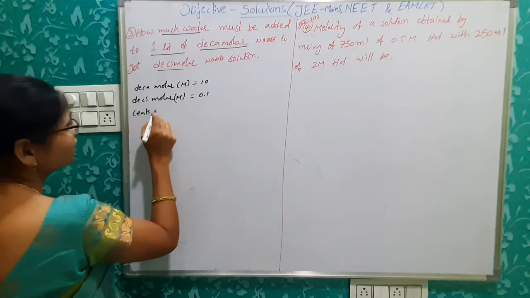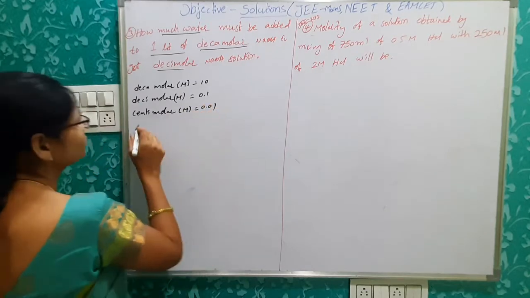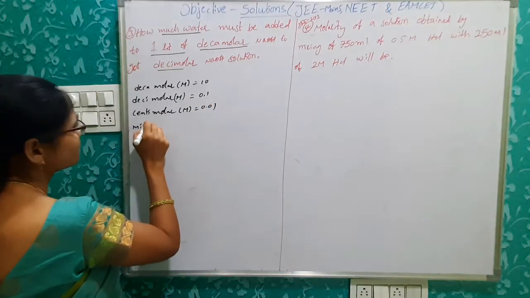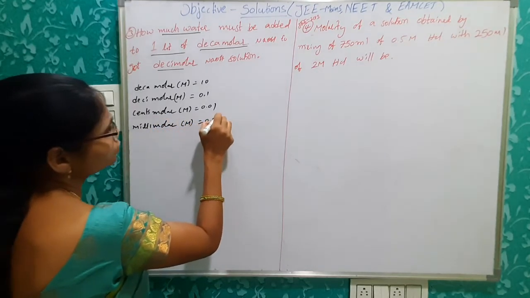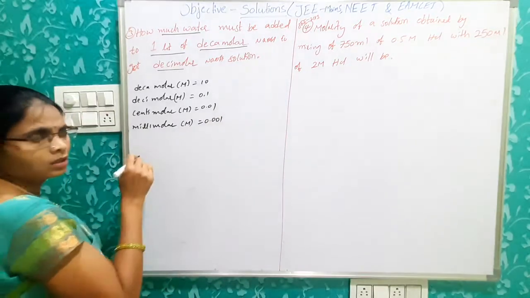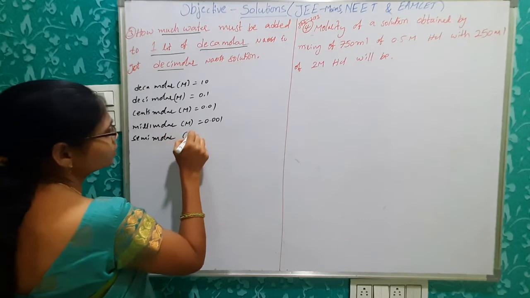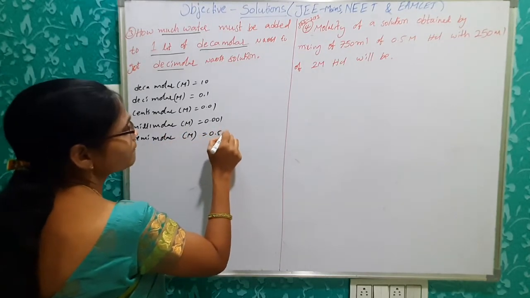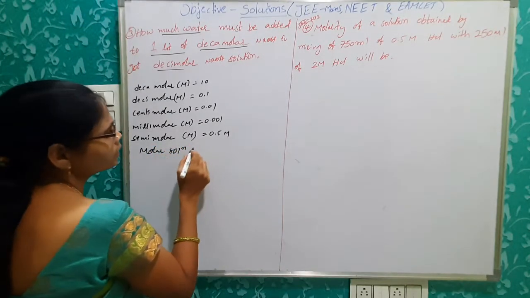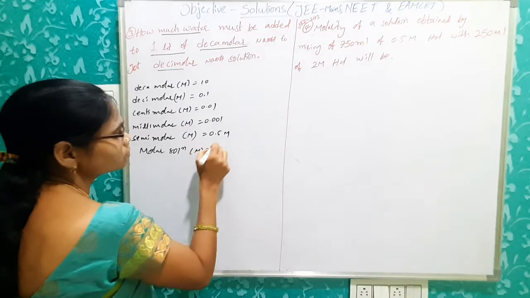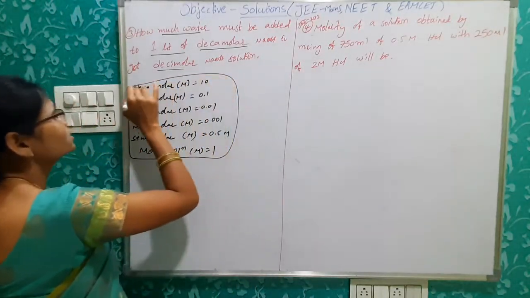Suppose centimolar is given, molarity is 0.01. If millimolar is given, then molarity is 0.001. Semimolar means 0.5. A molar solution is nothing but molarity equal to 1 only. So you have to remember this for different examples.